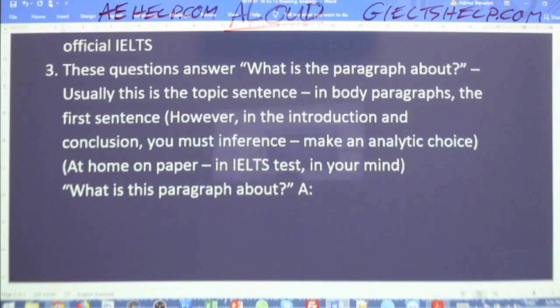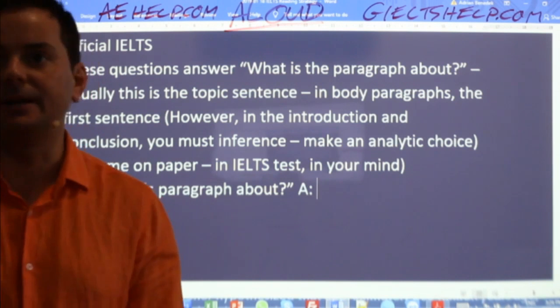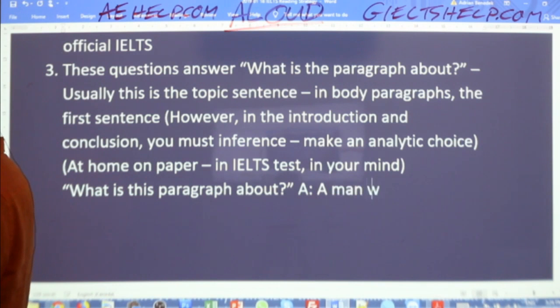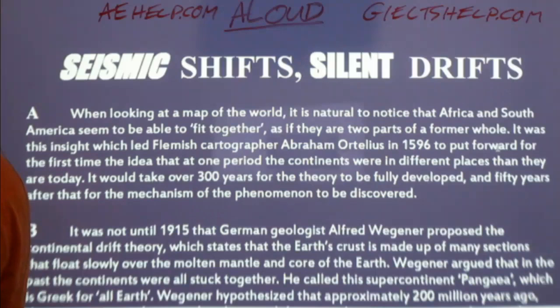What is this paragraph about? Well, what did we read? We read about a man named Ortelius who came up with a theory, right? A man who had a theory of continental drift 350 years ago, or when?